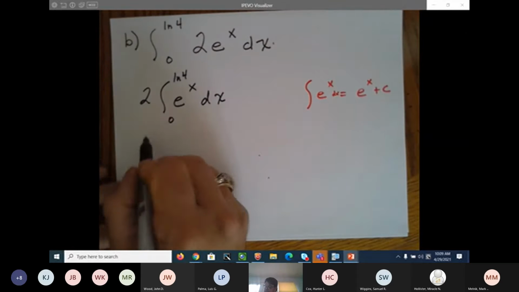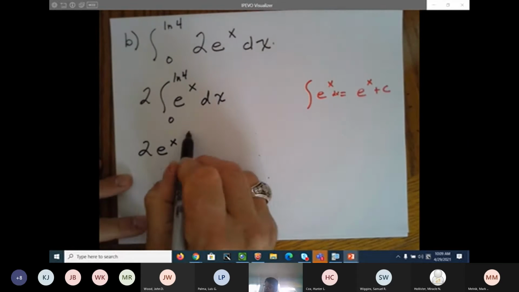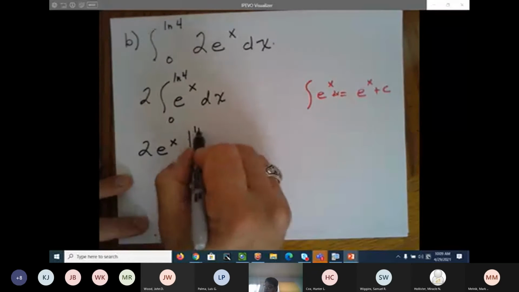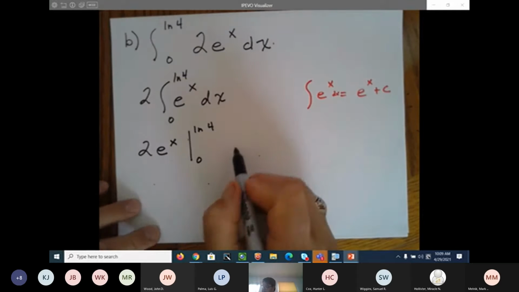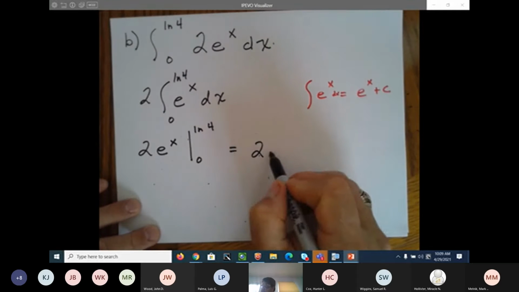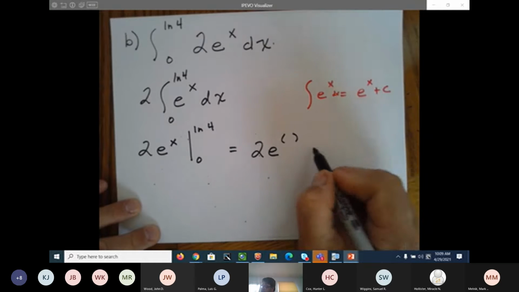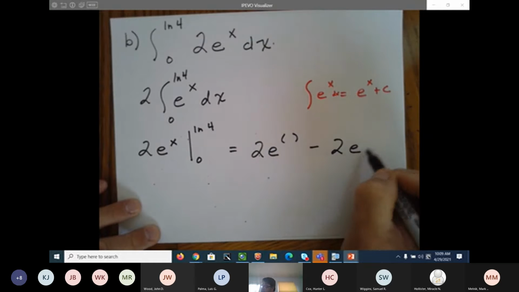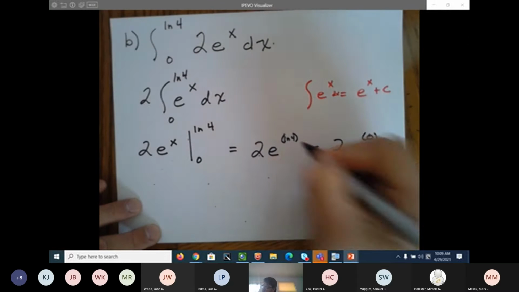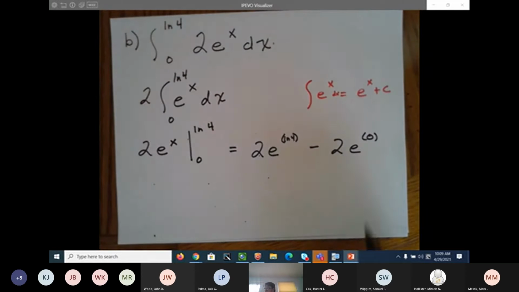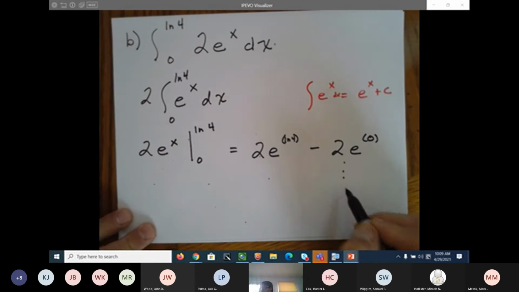So 2 times e to the x evaluated at 0 and natural log of 4. And that's going to be 2e to the natural log of 4, minus 2e to the 0. And this is going to narrow down to 2 because e to the 0 is 1.